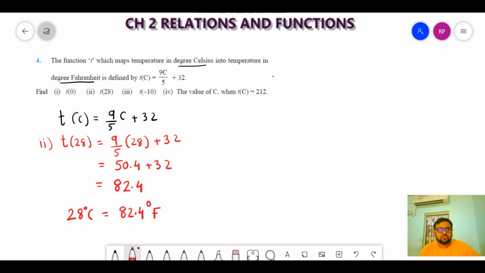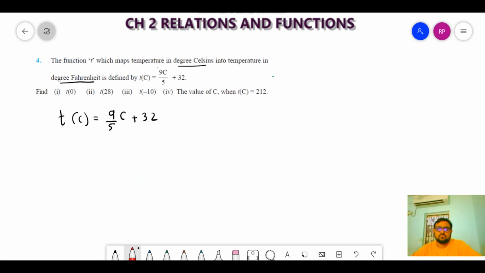Now let's move to the third one. The third question is T(-10). So 9/5 times minus 10, plus 32. Okay, 5 twos are 10, so minus 2 is there.